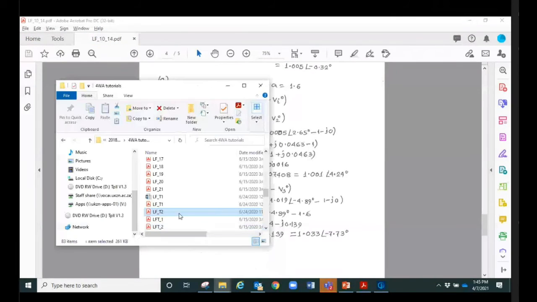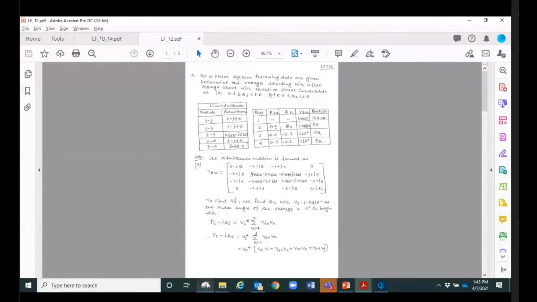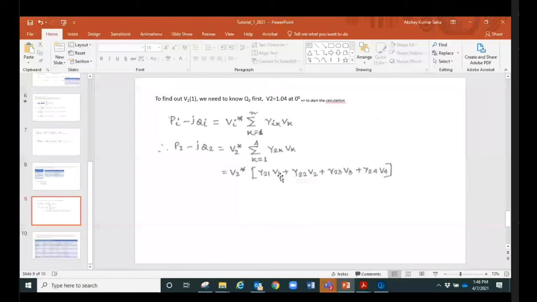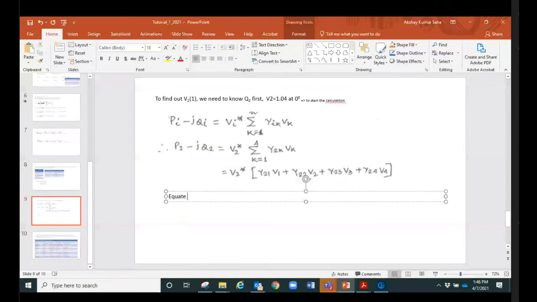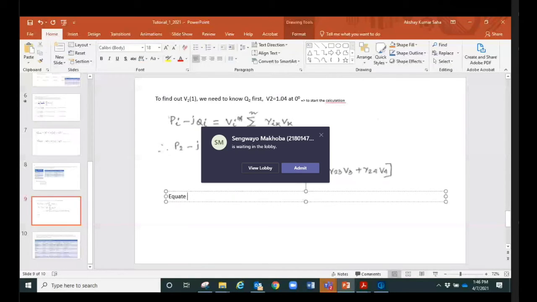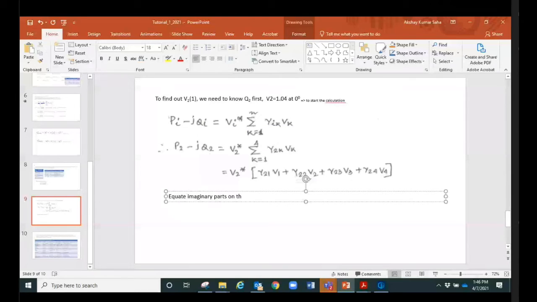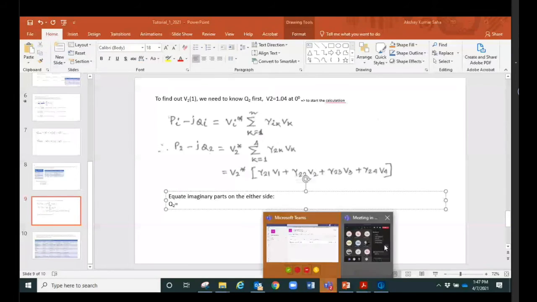So from this equation, we will equate the imaginary parts on either side and find Q2, because we need to know Q2. If we equate the imaginary part, we'll find the Q2 value.